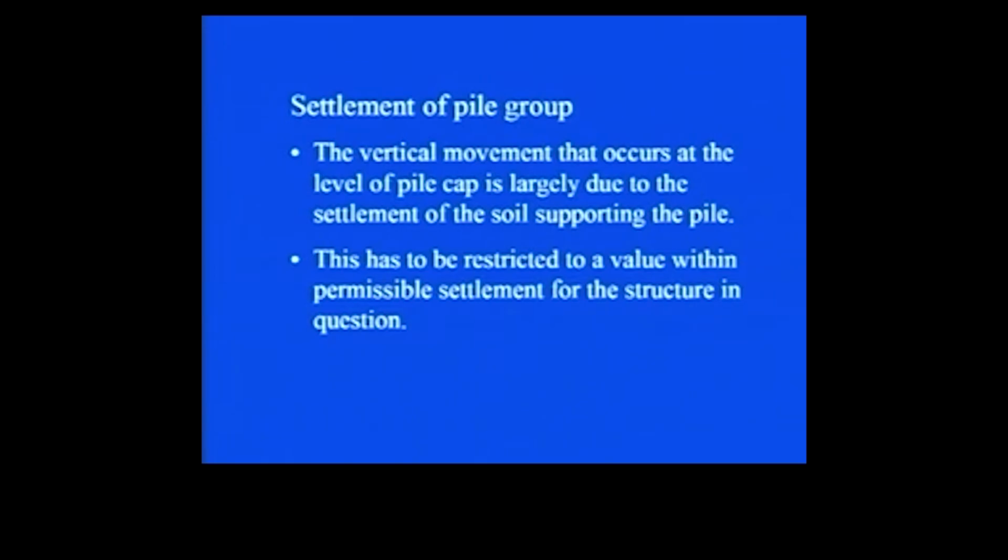This has to be restricted to a value within the permissible settlement for the structure in question. As I explained, the IS code has given the provision that the permissible settlement for this particular type of soil or foundation should be limited. So, we need to find out what exactly the permissible settlement is for that particular structure.